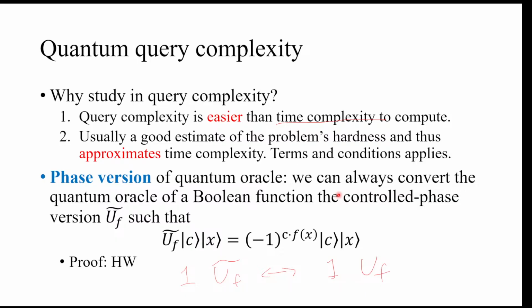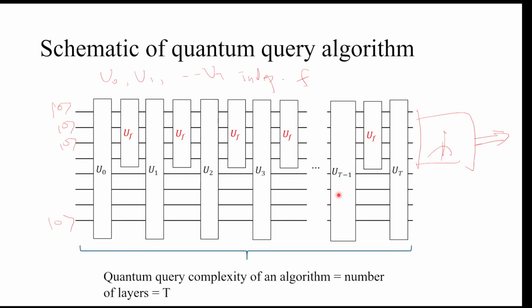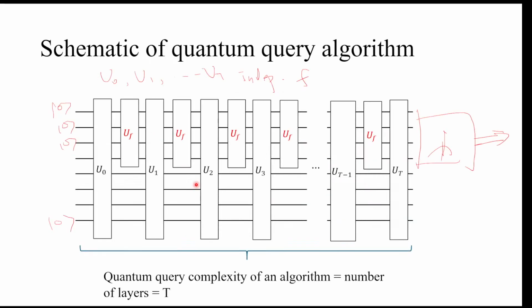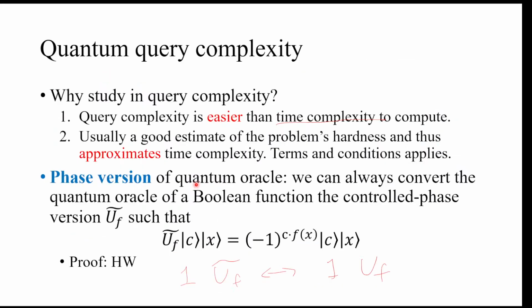Because you have this very fixed information structure, whenever you do a query, you use this very fixed black box here. So there are a lot of tools that you can use to bound the query usage. It is much easier to think about a quantum query algorithm than a general quantum algorithm.